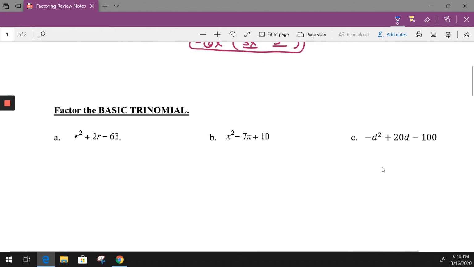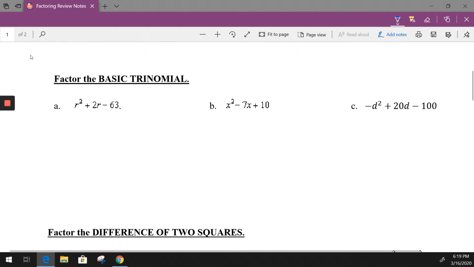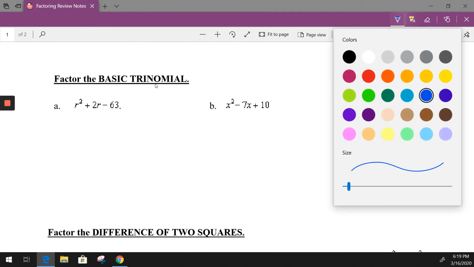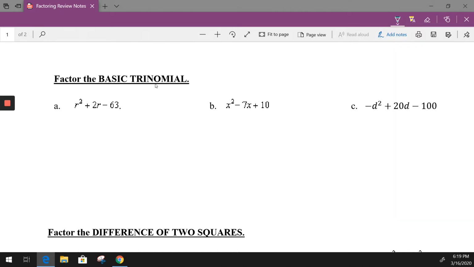So these are 3 examples of factoring out the greatest common factor. The next type of problem is factoring a basic trinomial. A basic trinomial is going to be 3 terms, 1, 2, 3, but the leading coefficient is 1.